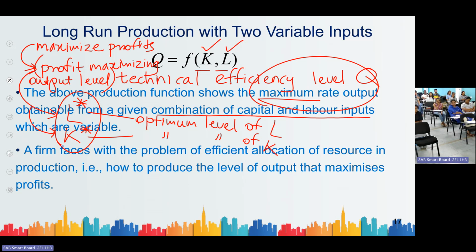After deciding L star and K star, the optimum levels of labor and capital, the firm can decide how much to produce, and that should be the profit maximizing output level.